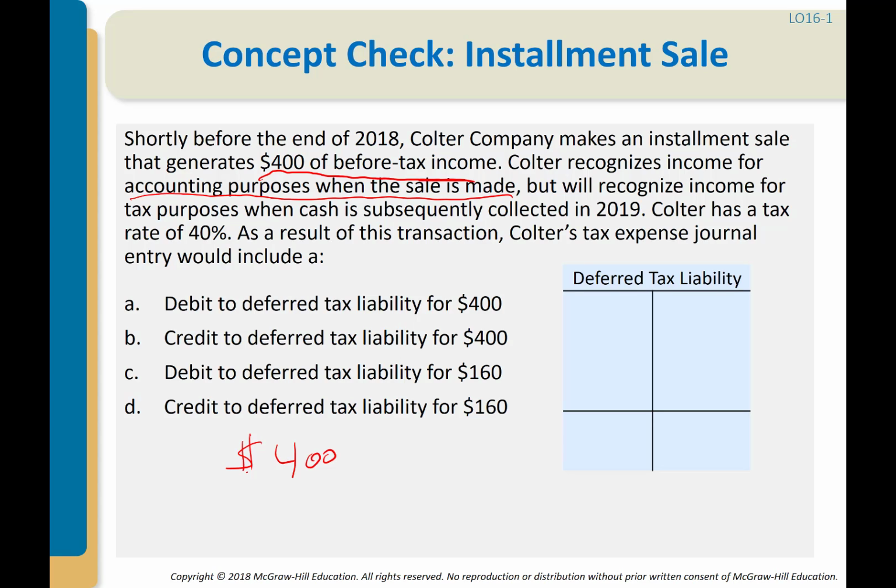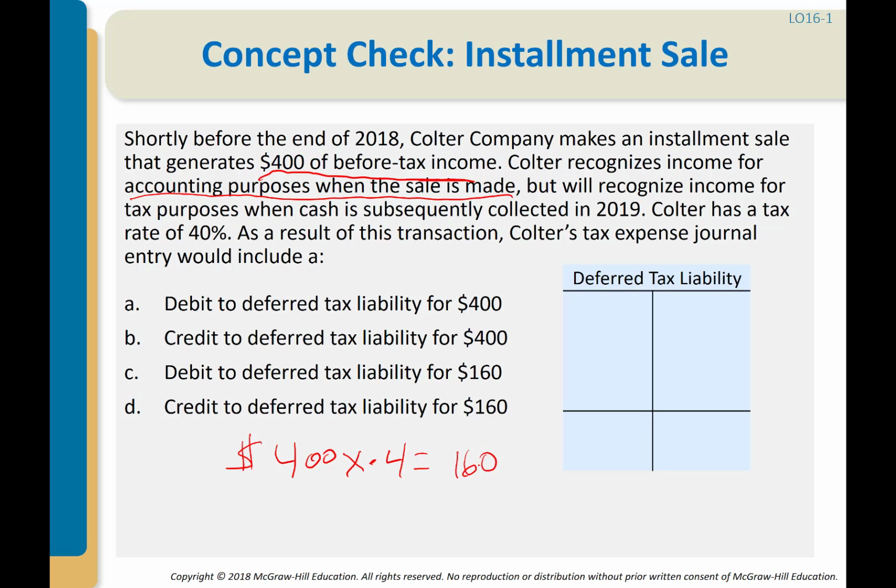Question? We have $400 that we're going to be taking in the future. Now we take that $400 and we multiply that by what? By 0.4, so that now becomes 160 that we're going to need to put into our deferred tax liability, right?